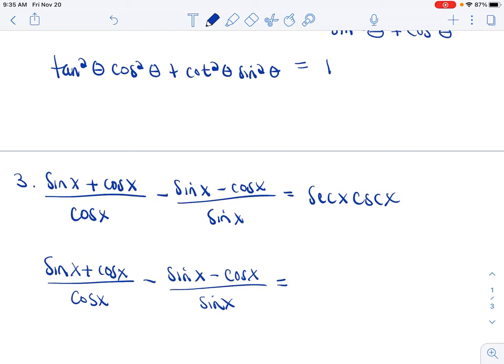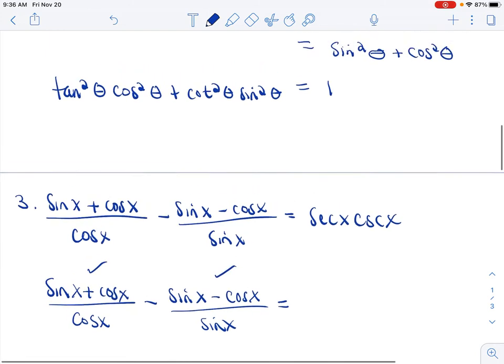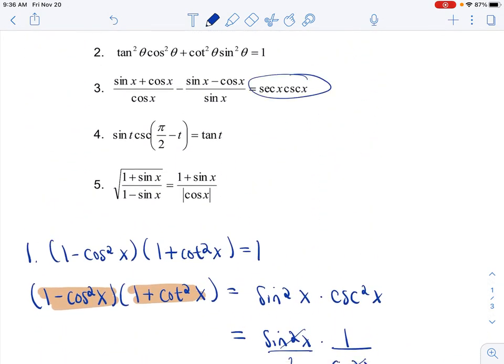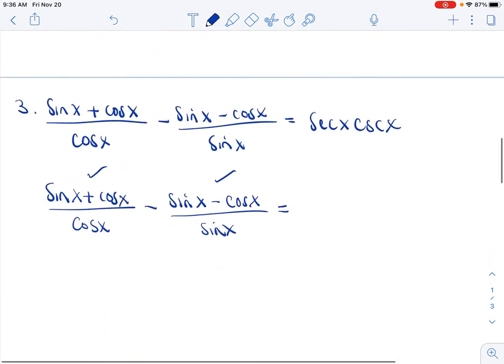Here's the strategy: you have 2 terms, okay? But our goal is for it to equal 1 term. And that is your huge indicator that you need to find a common denominator.